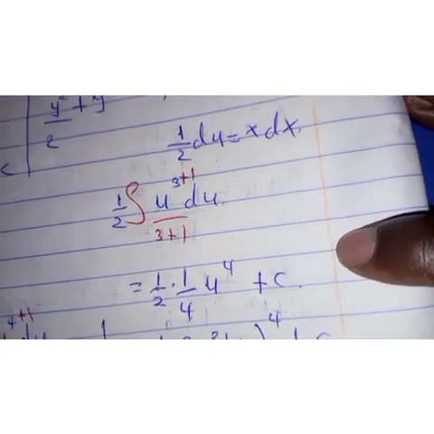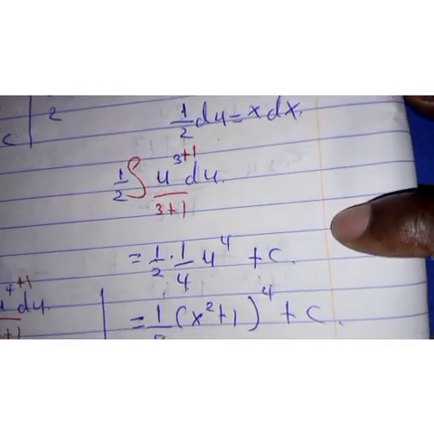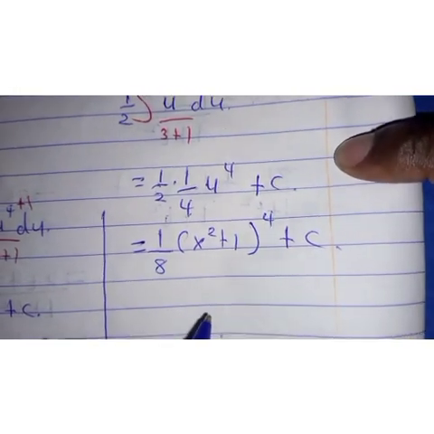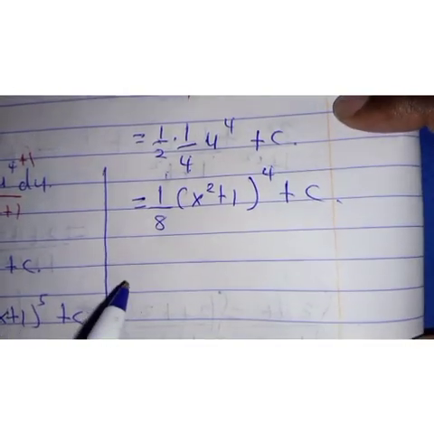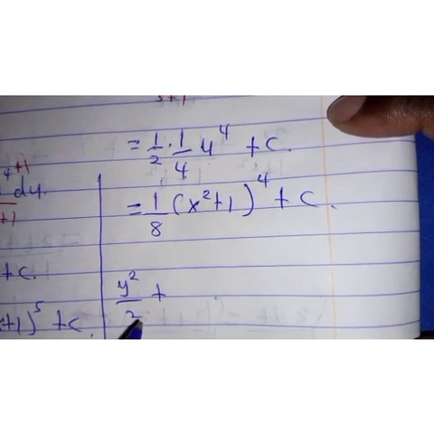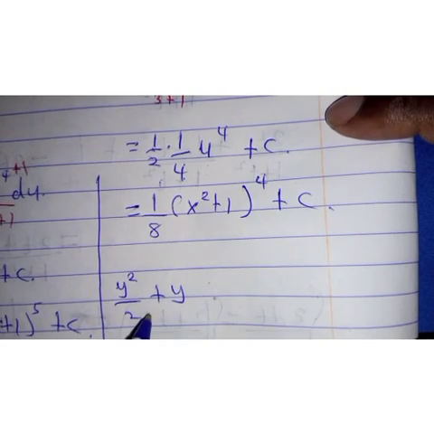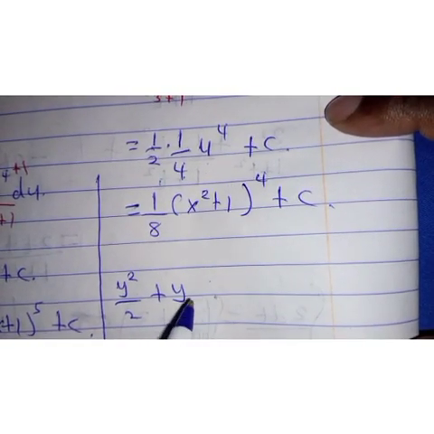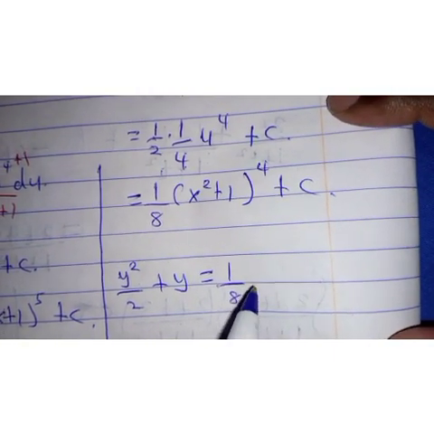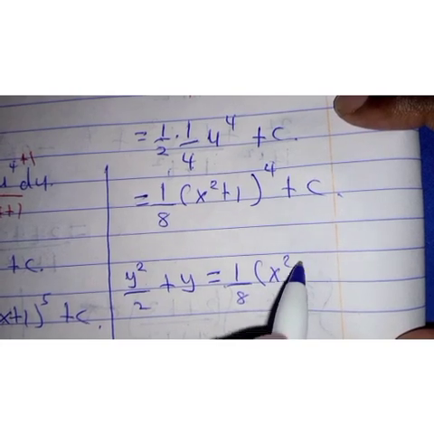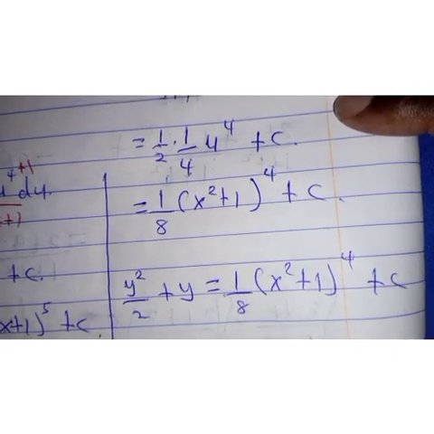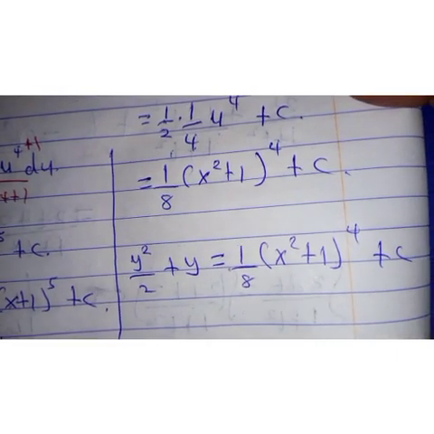Now we are going to combine the right hand side and the left hand side to get the following result. So our result here will be y squared over 2 plus y, this is the left hand side which you have obtained above, is equal to 1 divided by 8 into bracket x squared plus 1 power 4 plus c, where c is the constant of integration.